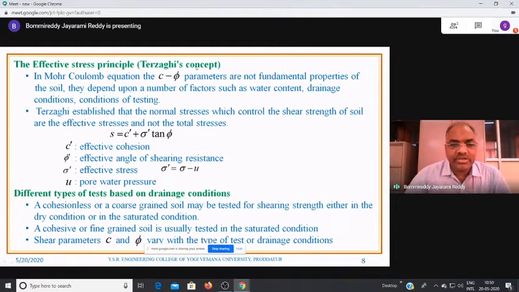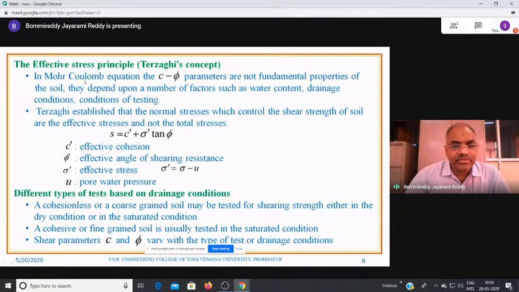But Terzaghi has given a concept. The principle is completely based on the effective stress principle. So wherever the stresses are there, they must be effective stresses only, and total stresses are not to be considered in the analysis.